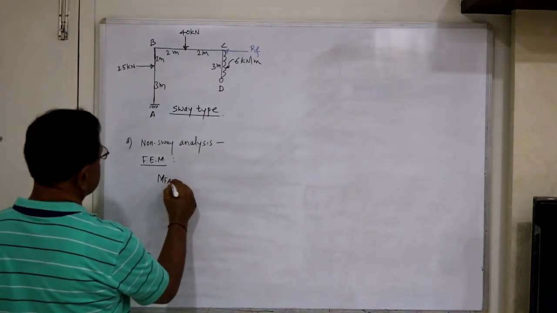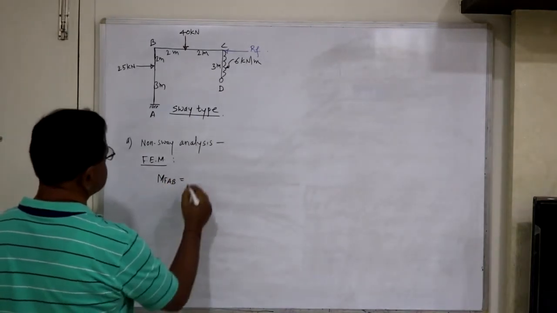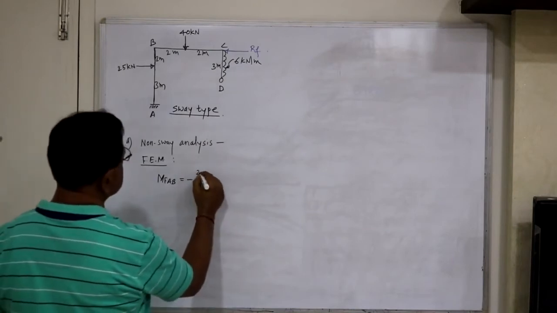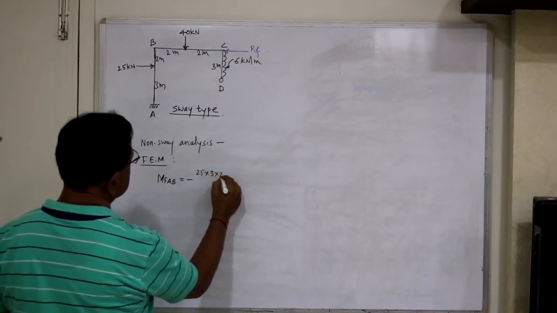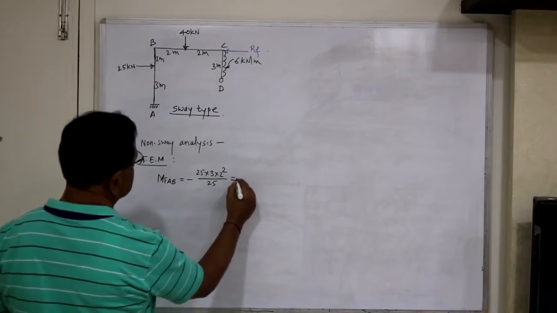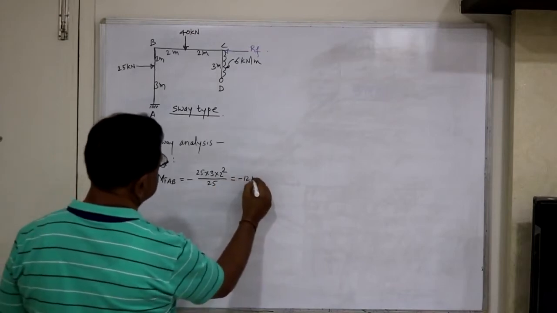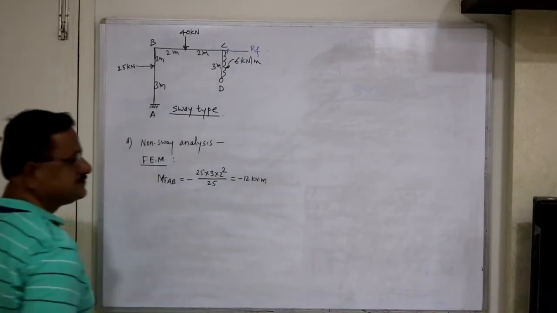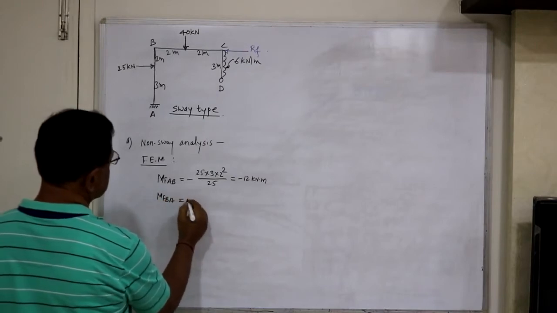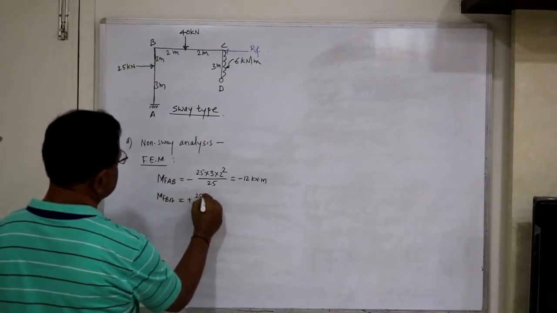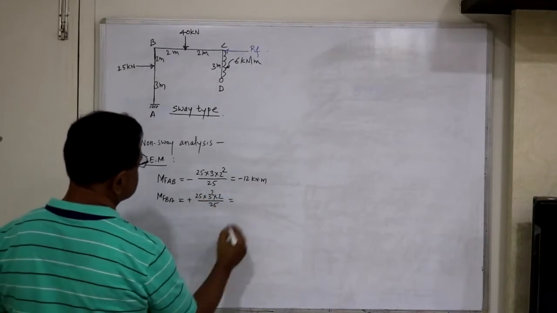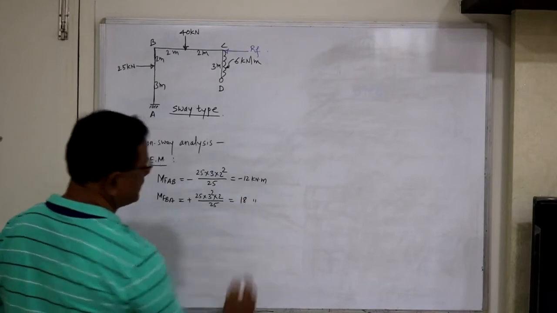MF AB equals minus W a b squared by L squared, that is 25 into 3 into 2 squared upon L squared, L is 25, so minus 12. MF BA equals plus 25 into 3 squared into 2 divided by 25, so this is 18 kilonewton meter.